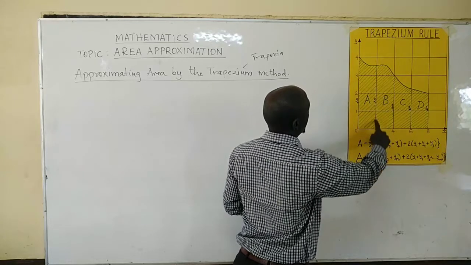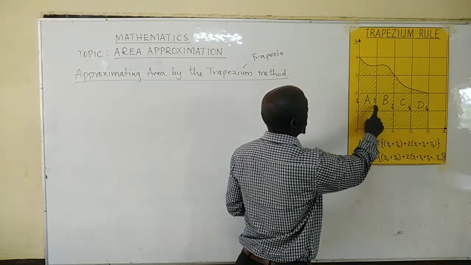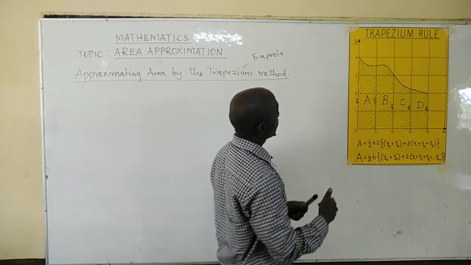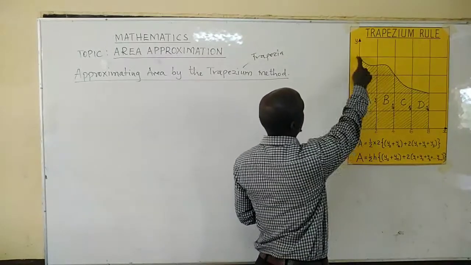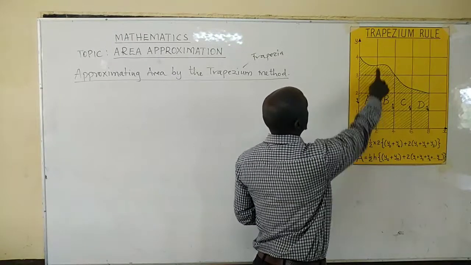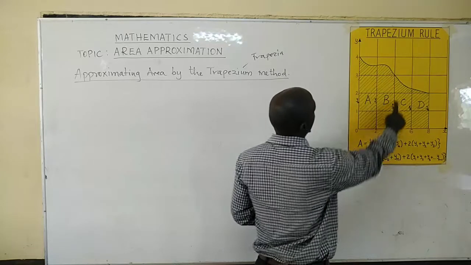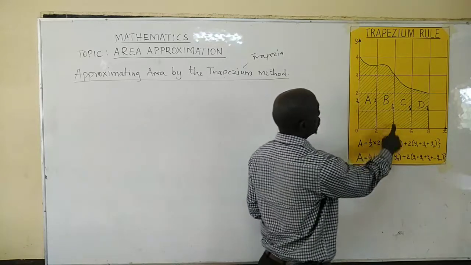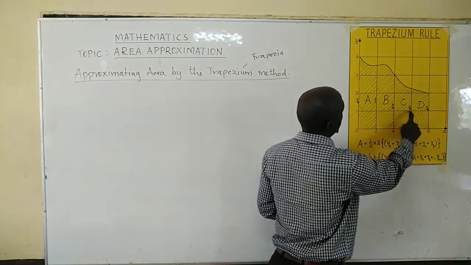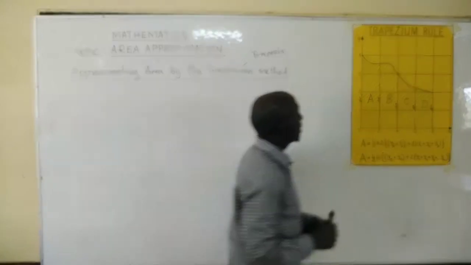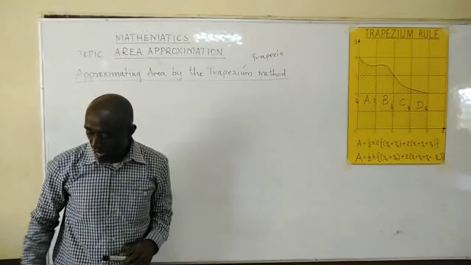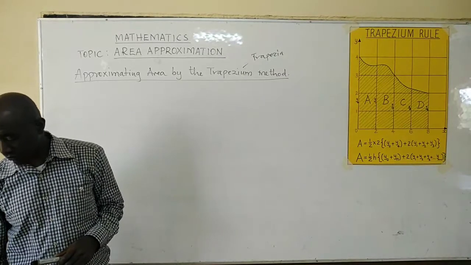This one here is y1. Our y0, remember, is 4. Our y1 is 3.5. Then the third one is y2. The fourth one here is y3. And the last one there is y4.